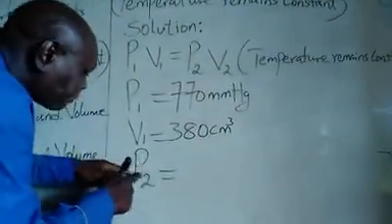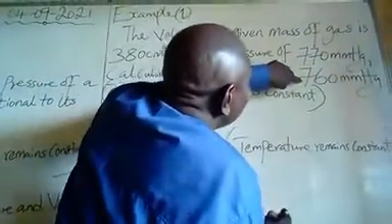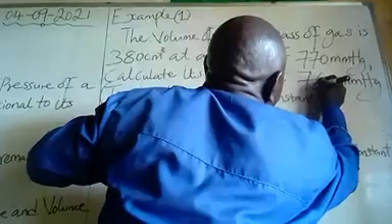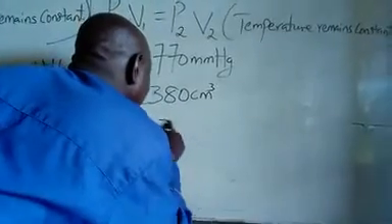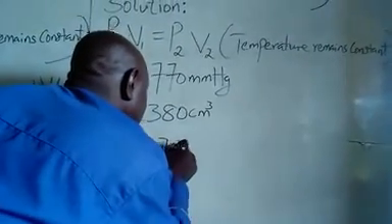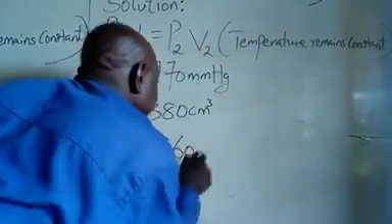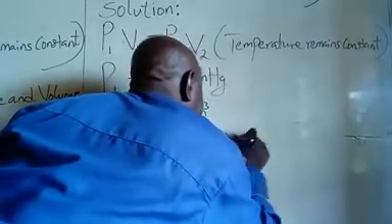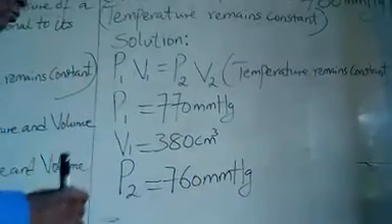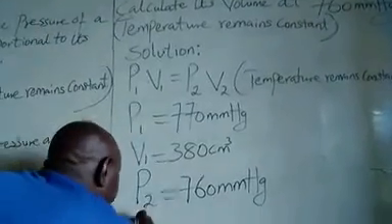Our final pressure is 760 millimeter of mercury. Okay?